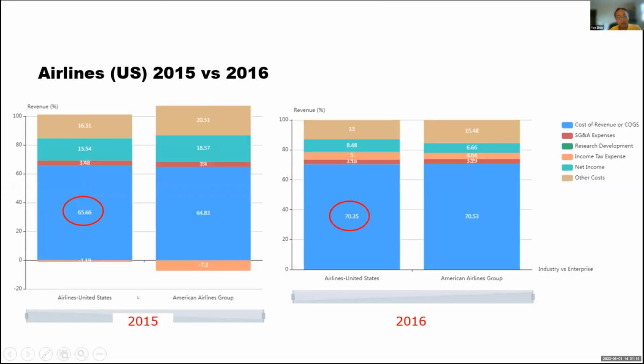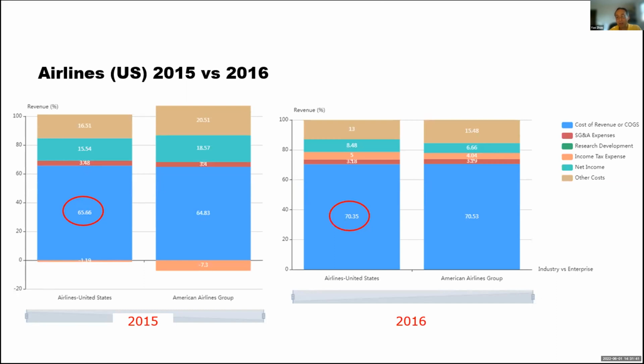In year 2015, which was a good year for the airlines, the cost of goods sold for the US airline industry is about 65%. And they made about 15% of the net margin on average. 1 year later, 2016, the cost of goods sold rose to 70%, their net profit down to 8%. And you know what happened in 3 years?